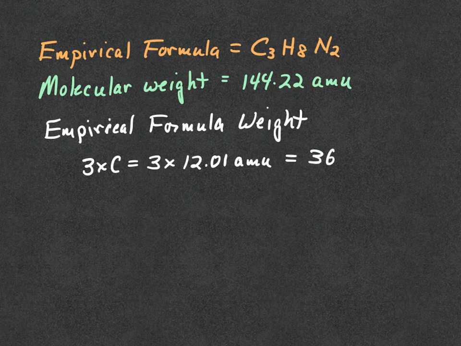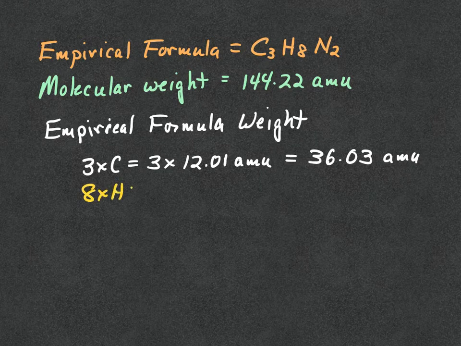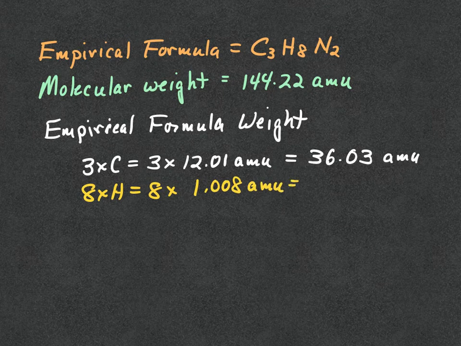That's 36.03 atomic mass units. And that's, right, 8 times hydrogen, which is 8 times 1.008 atomic mass units, which gives us 8.064 atomic mass units.